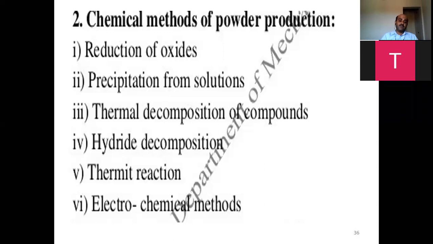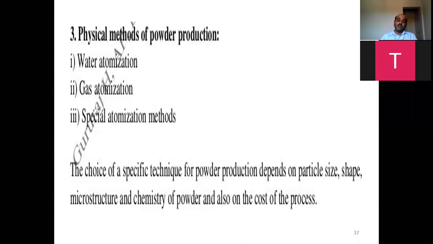And the second one is chemical methods: reduction of oxides, precipitation from solution, thermal decomposition of compounds, hydrate decomposition, thermite reaction, electrochemical methods. Like that, there are quite a number of ways in which you can obtain metal powders by using chemical methods.